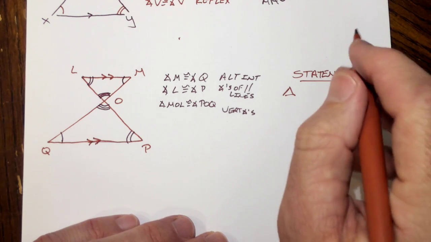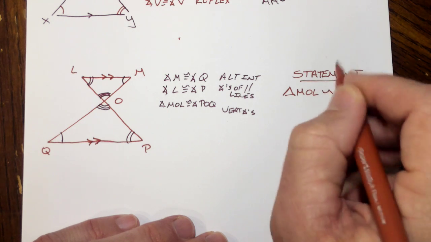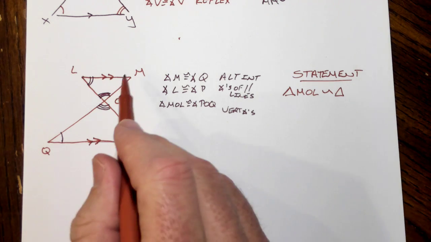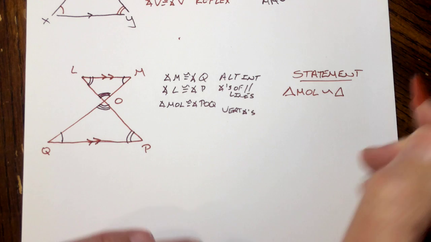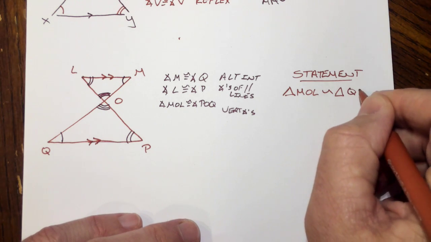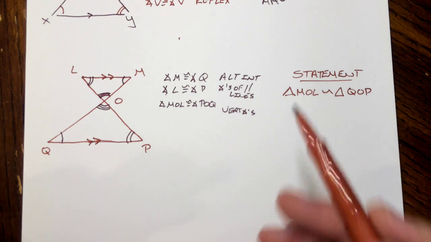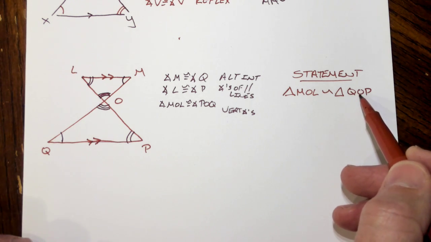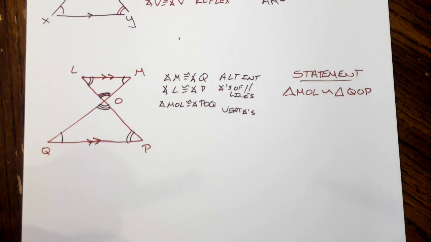Let's go triangle MOL, similar. I said congruence, sorry, similar statement. Follow the same suit, 1, 3, 2. So I've got to go 1 to 3 to 2. Triangle QOP. Now with this being said, you now know the sides. Segment MO is proportional to segment QO, OL proportional to OP, and ML proportional to QP.